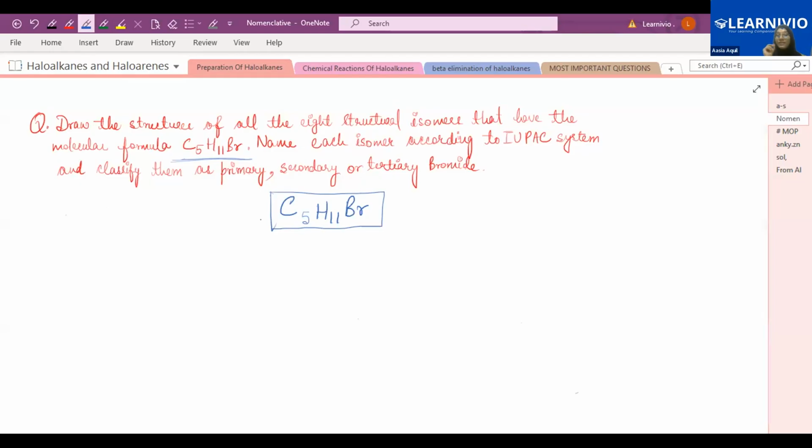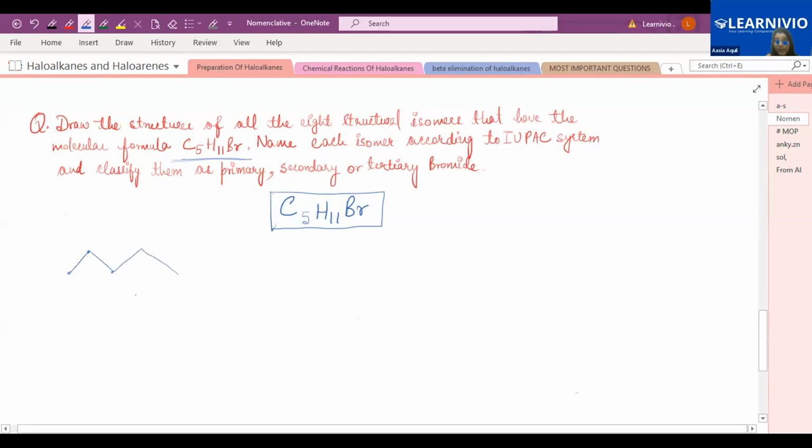Now we have to draw all the structural isomers, and I will teach you how to draw them. First, always try to make the very normal structure. So 5 carbon: one carbon, 2 carbon, 3 carbon, 4 carbon, and 5 carbon. Okay, this is a 5 carbon chain.